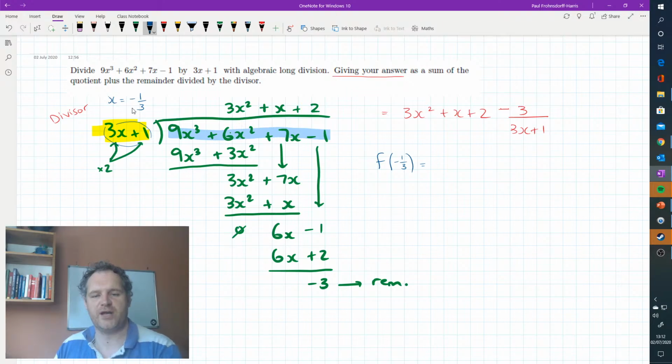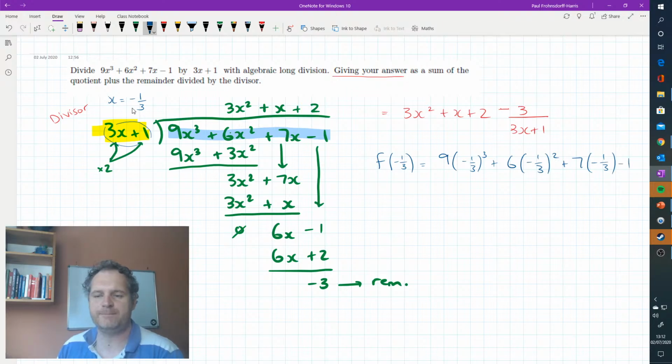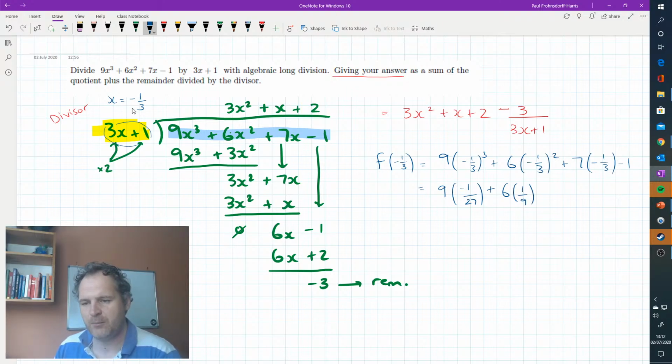So we're going to go 9 lots of minus a third cubed plus 6 lots of minus a third squared plus 7 lots of minus a third minus 1 equals 9 lots of minus 1 over 27 plus 6 lots of plus, remember when you square a negative number, both become plus, 1 over 9 plus, minus 7 over 3 minus 1.